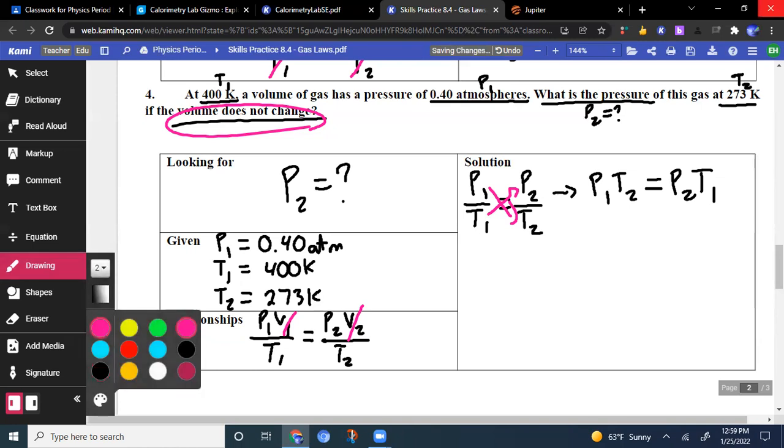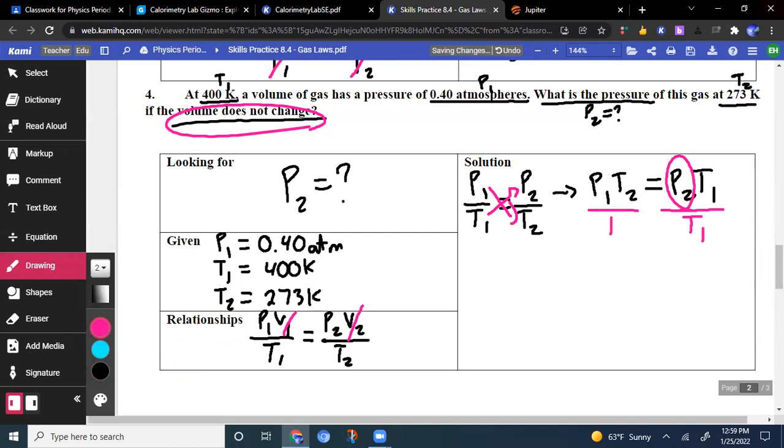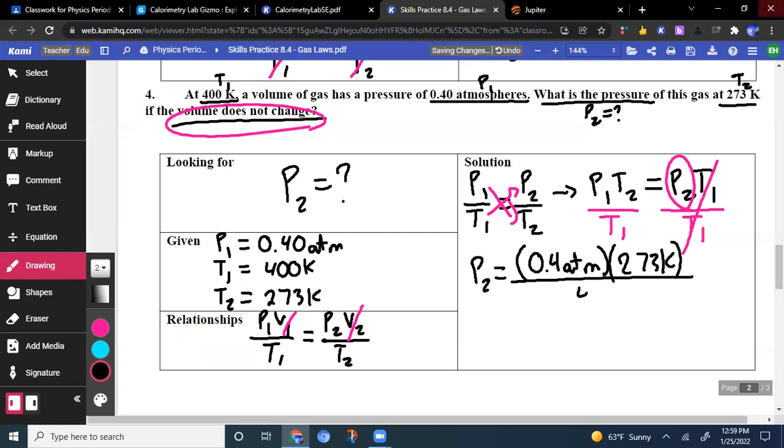Now you're solving for P2, so in order to do that, you have to get rid of T1. P2 is going to be P1, which is 0.40 atmospheres, times T2, which is 273 Kelvin, all over T1, which was 400 Kelvin.